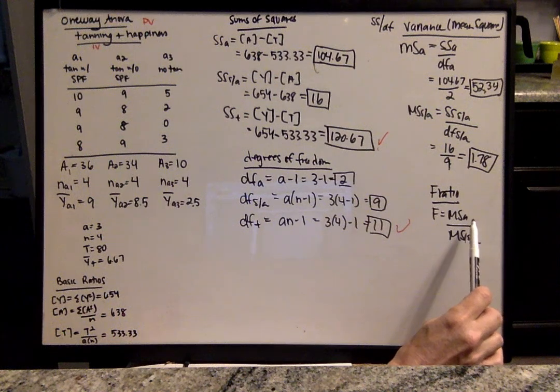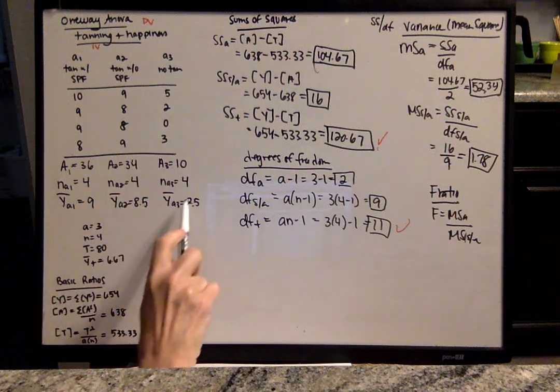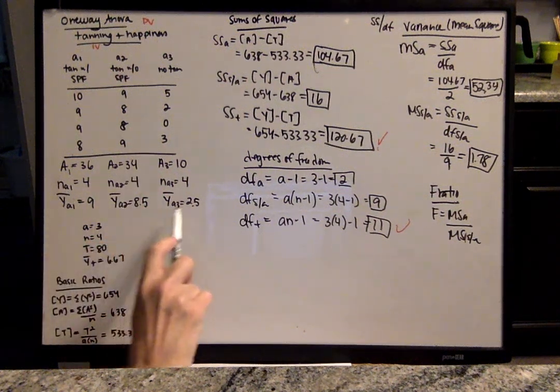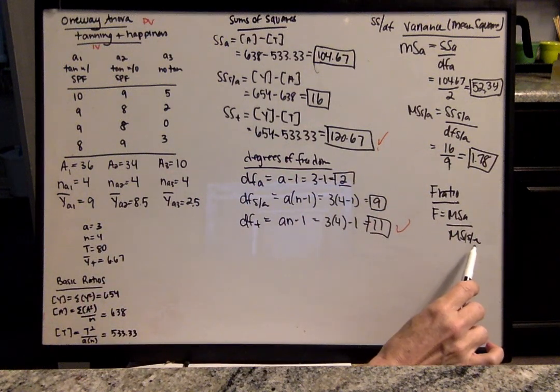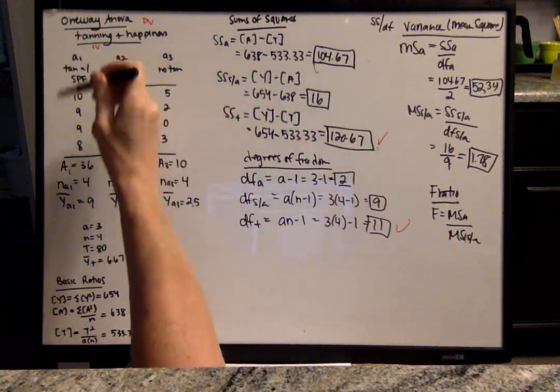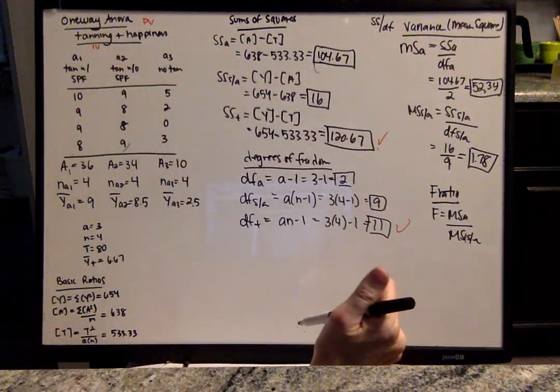Our mean square A, this is our between subjects variability. It's looking at how the means of the groups compare to one another. And our mean square S over A, this is our within group or our within subjects variability. So it's looking at the variability within the group.